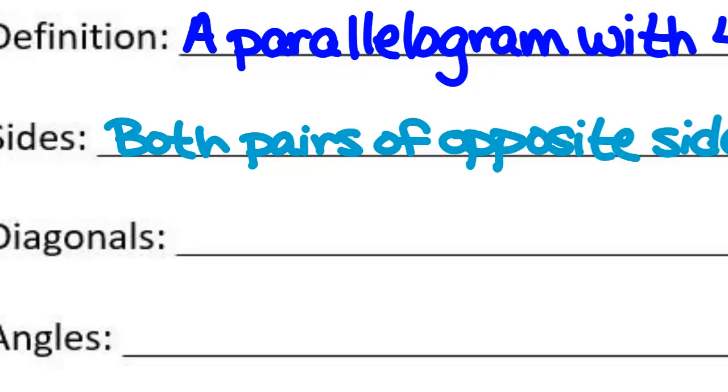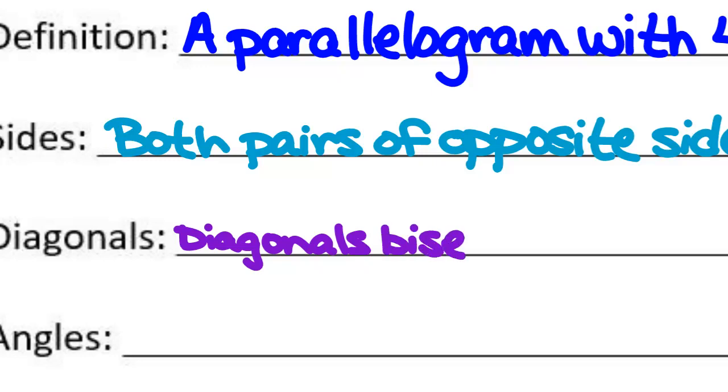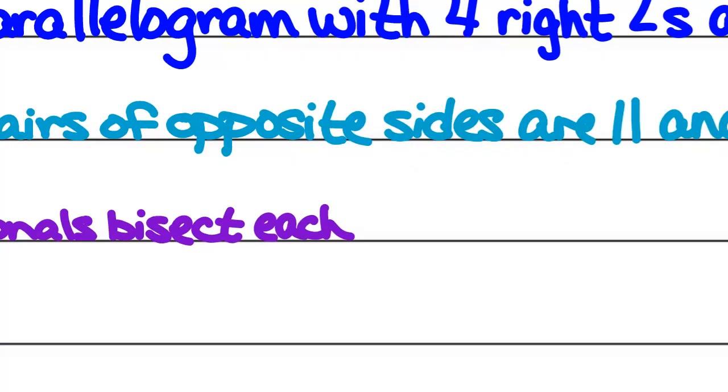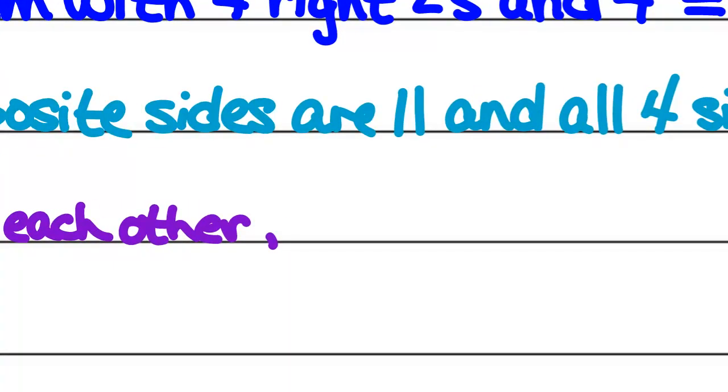My diagonals, we have a whole lot going on. Because this is a special type of parallelogram, my diagonals bisect each other. This is also a special type of rectangle because a rectangle is a parallelogram with 4 right angles. This is also a parallelogram with 4 right angles.